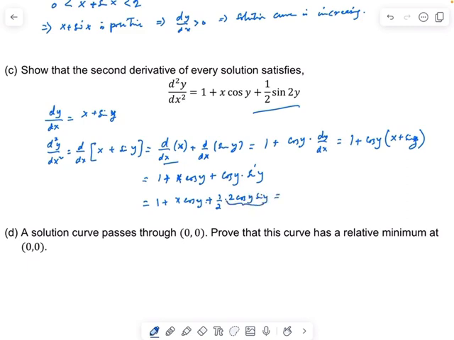So just rewriting it in that form, we get the required result.